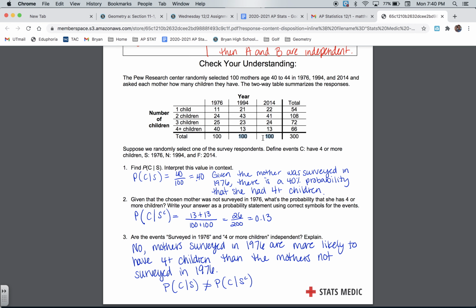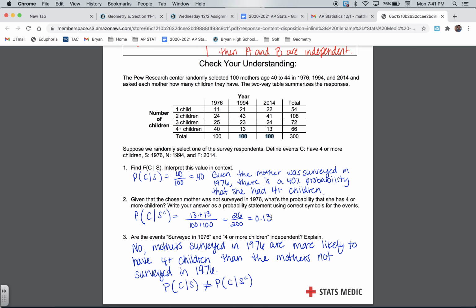There were 200 total mothers, and 13 plus 13 is 26. So 26 out of 200 mothers wanted four or more children. That is 13%. So 40% of women in 1976 wanted four or more, and outside of 1976, only 13% wanted four or more children.